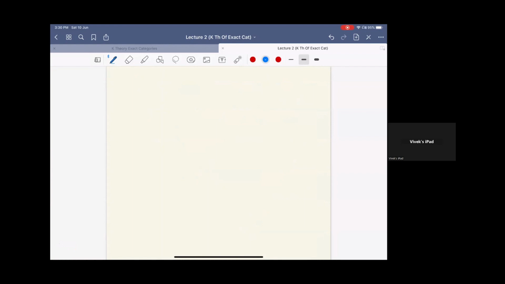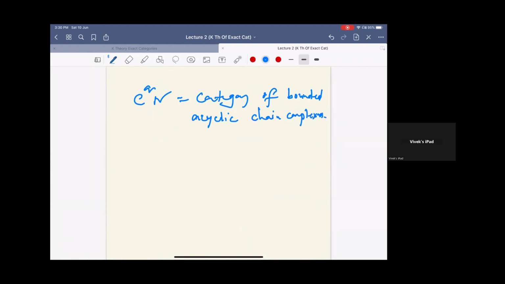And we denote these things CQ(N), the category of bounded acyclic chain complexes. Of course, CQ(N) is certainly contained in C(N), because C(N) is the category of bounded complexes. Now we restrict to the category of bounded acyclic chain complexes.